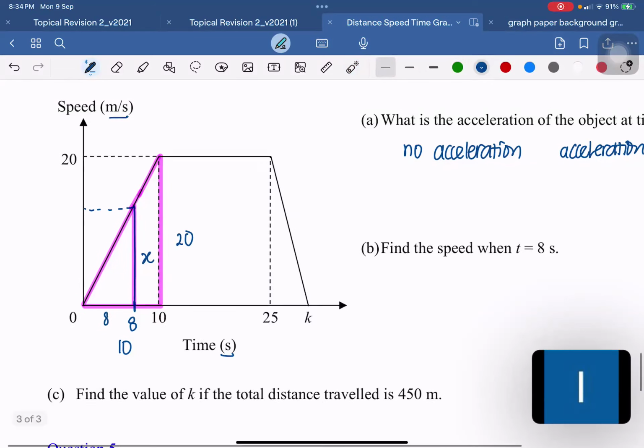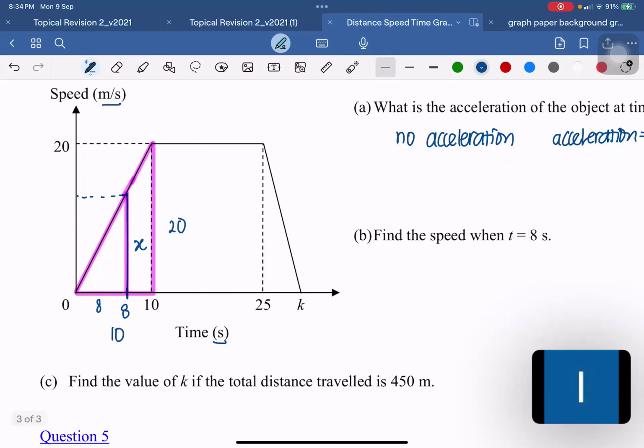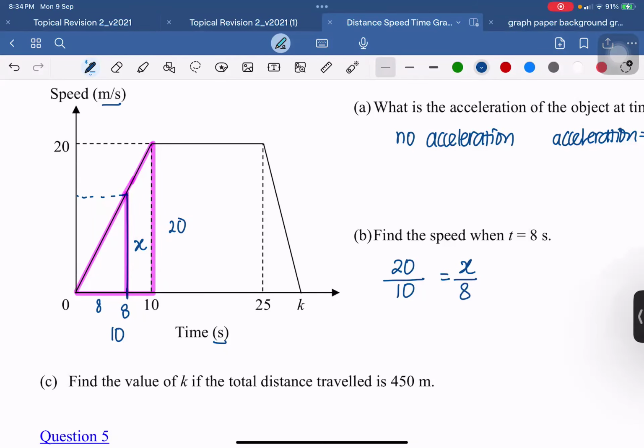So what do I know? My height over my base is the gradient, which equals the next height over its base, also a gradient. Why is it so? Because they are all on the same straight line, so they have the same gradient. So I use 20 over 10 equals x over 8.